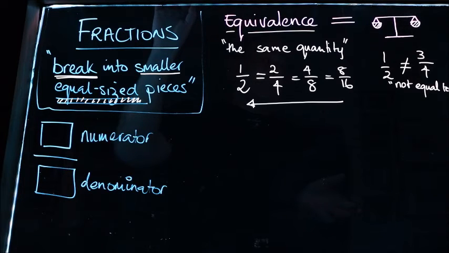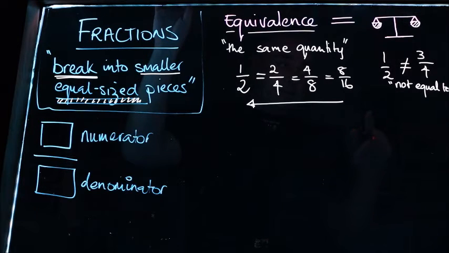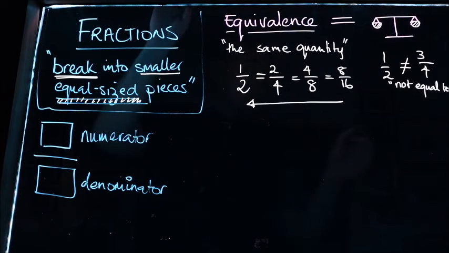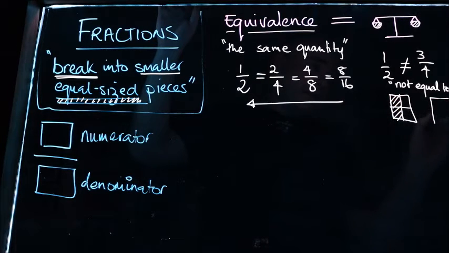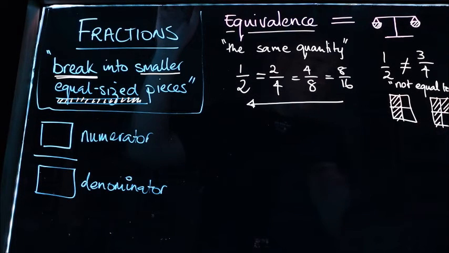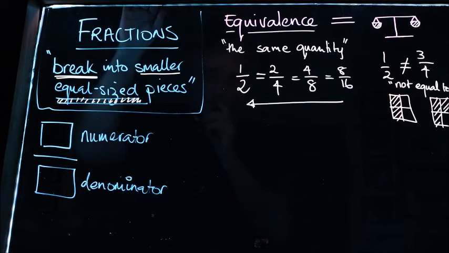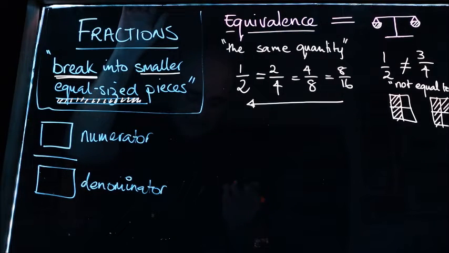That's what that symbol's designed for: if you see that they're not equal, you can just put a line through the equal sign and make that statement true. So now I read it as a half is not equal to 3/4. Okay, so visually, if you needed it, there's a half and here's 3/4. They're not equal.